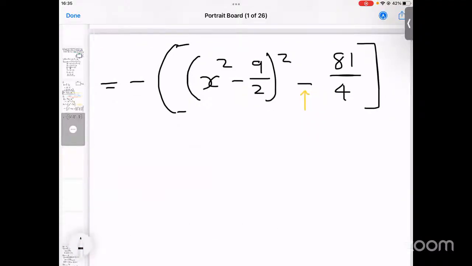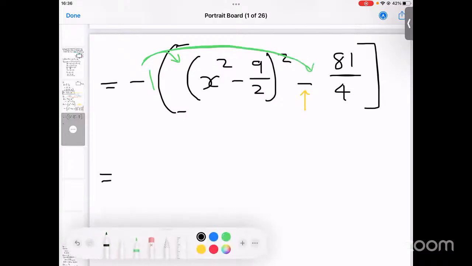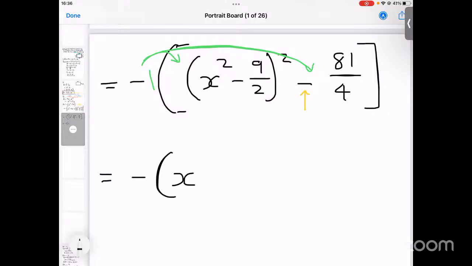Okay, with that being the case, we can now multiply that by that and also by that. Trust me when I say we end up having negative x squared minus that 9 over 2 squared, and that negative multiplying with that, we end up having that as a positive, 81 over 4.